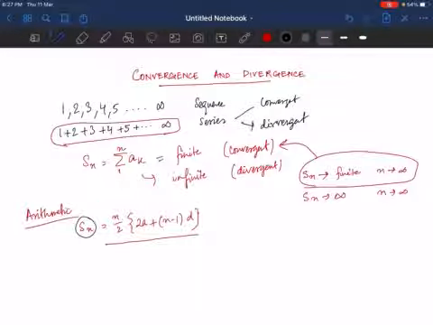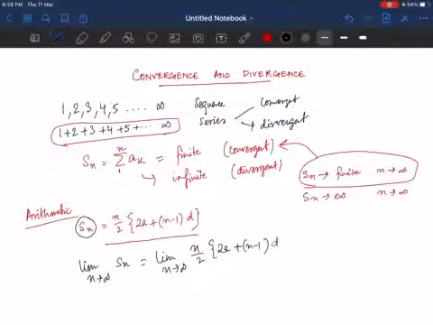So what happens to the sum when n tends towards infinity? For this purpose I will use a limit. I will write the limit as n tends to infinity of n by 2 into (2a plus (n minus 1) into d).